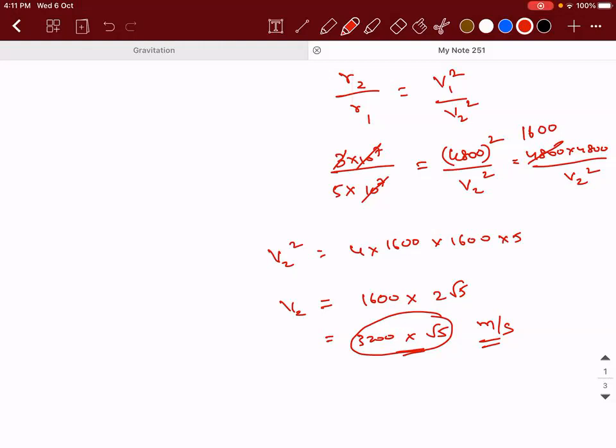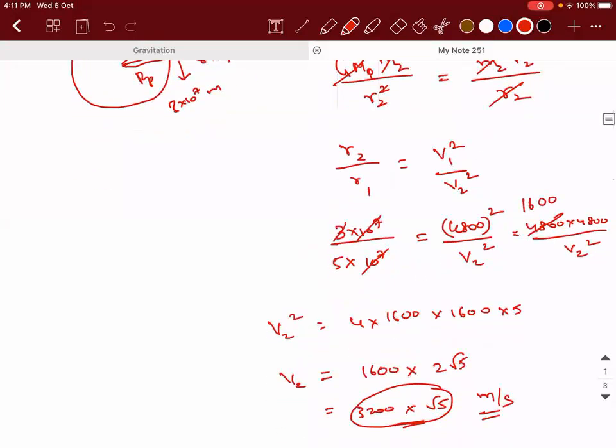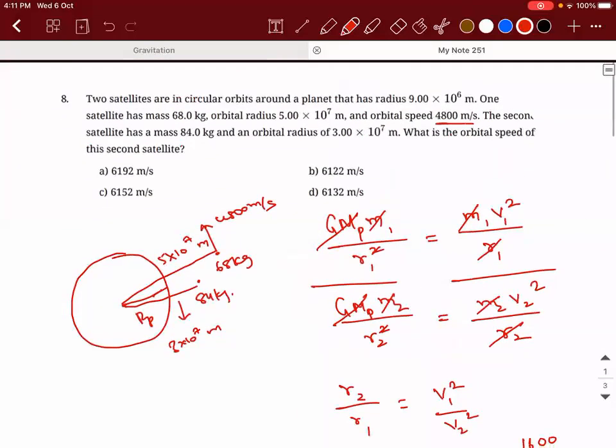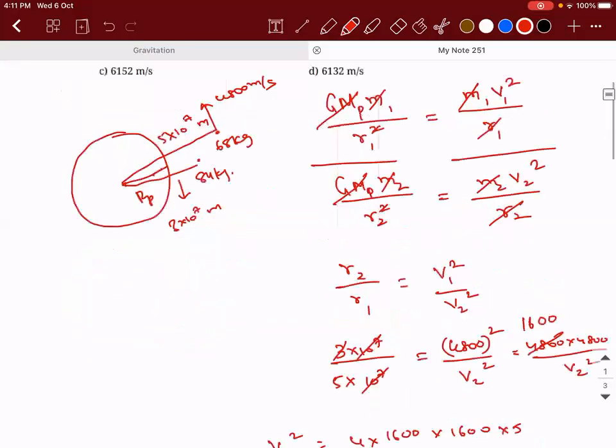Sir, can you show what R2 is? R2 is the orbital radius of the second satellite. What is the value? It's given, no? 3 into 10 power 7. Yeah, what is your doubt, Raghav? Answer is coming in 7,000.